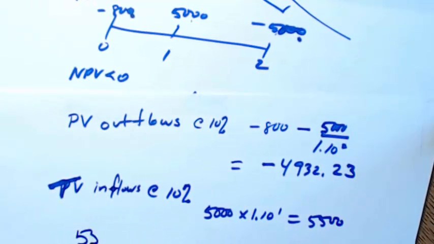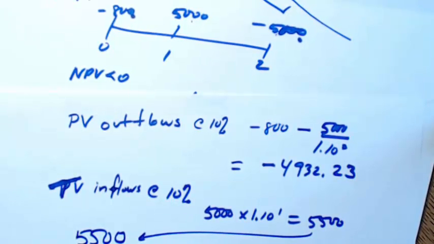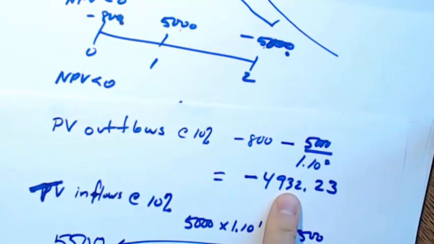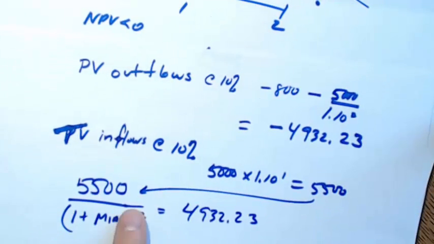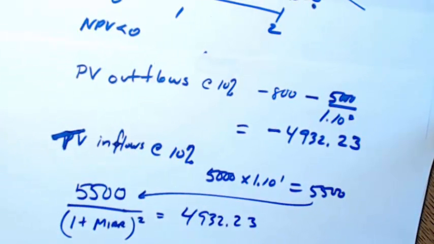We're going to take the 5,500, the terminal value here, and 1 plus MIRR, which is what we're solving for, the modified internal rate of return, for a 2-period problem, is going to equal 4,932.23, which is the cost of the project in present value terms, which is basically what we did earlier, except with a little twist.